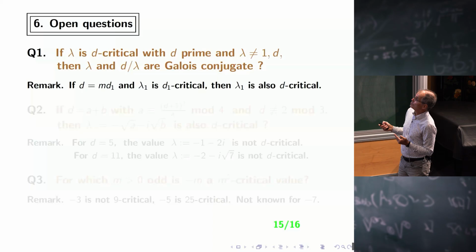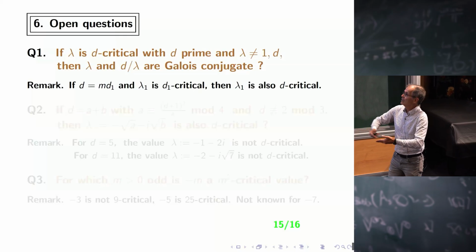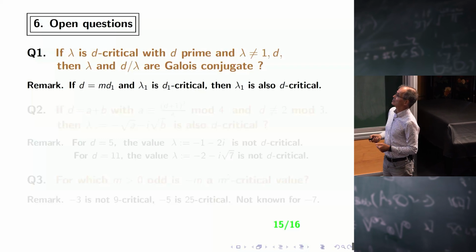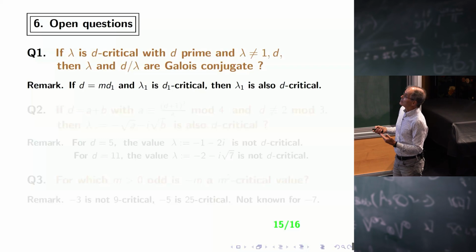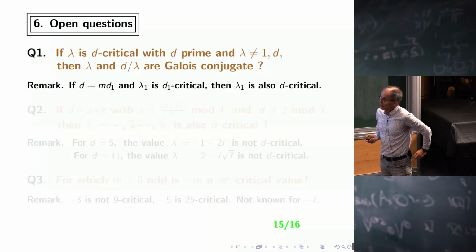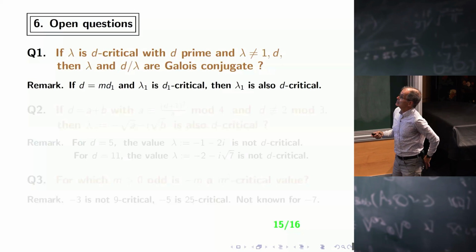And you have to assume d prime because when lambda 1 is d1 critical, and if d is m d1, then lambda 1 will also be d critical because you make it not depend on the new variable. So you have to restrict to d prime. I don't know whether this is correct or not. Another thing, so now I'm going to the second question, which is even simpler.